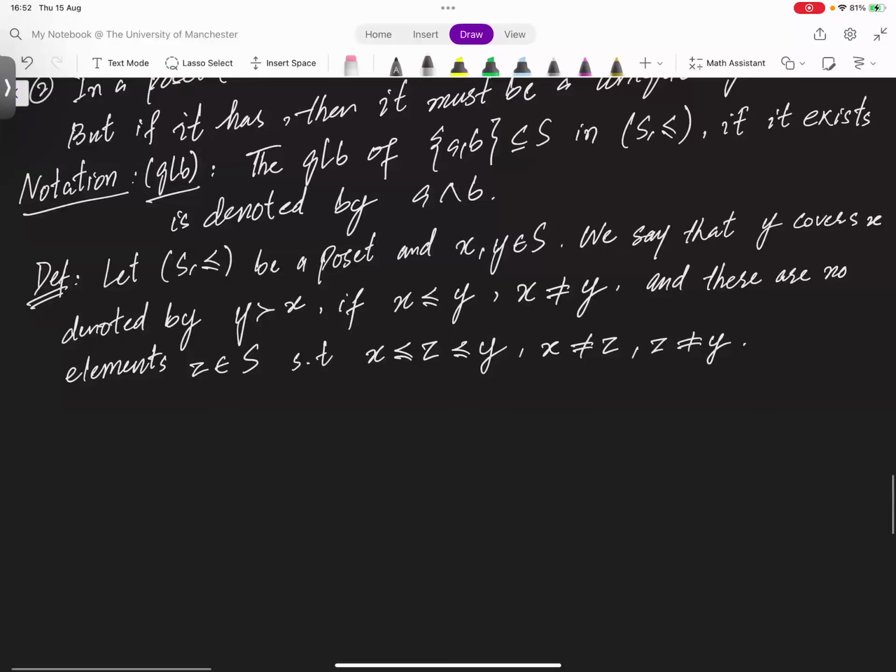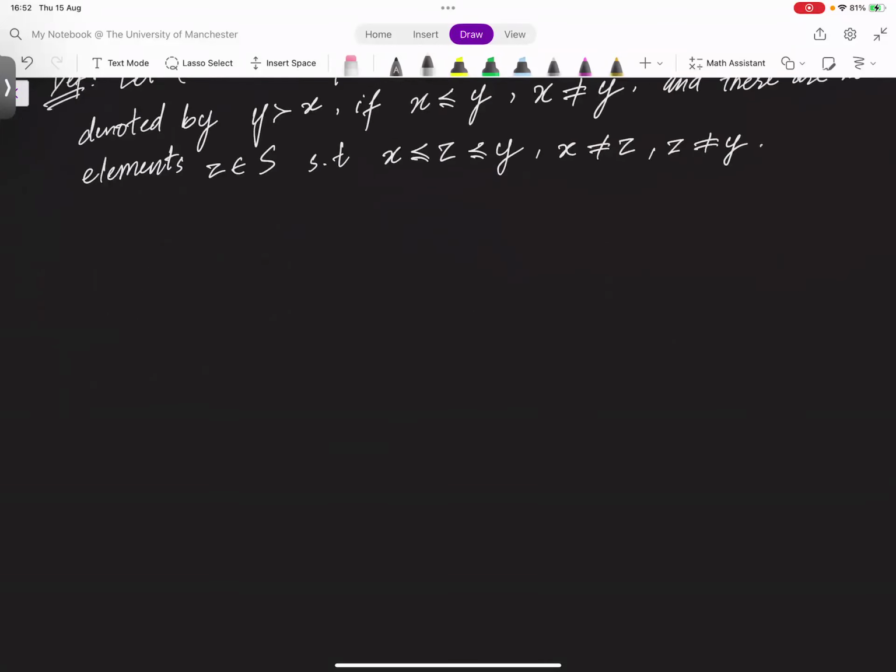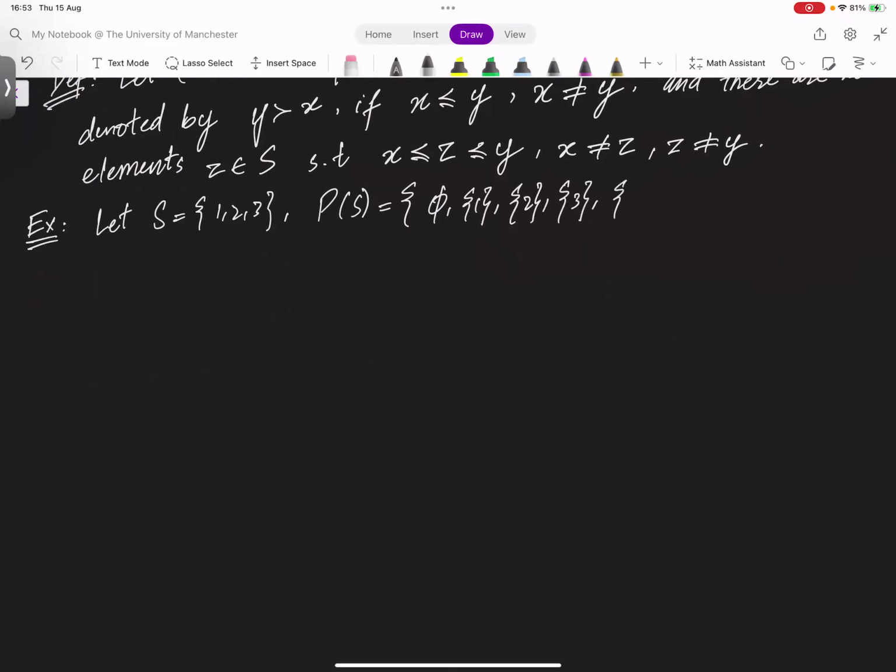Now, let's define this concept by an example. Let's consider a set {1, 2, 3}. We have a power set which contains the empty set, {1}, {2}, {3}, {1, 2}, {1, 3}, and {2, 3}, and this S itself.